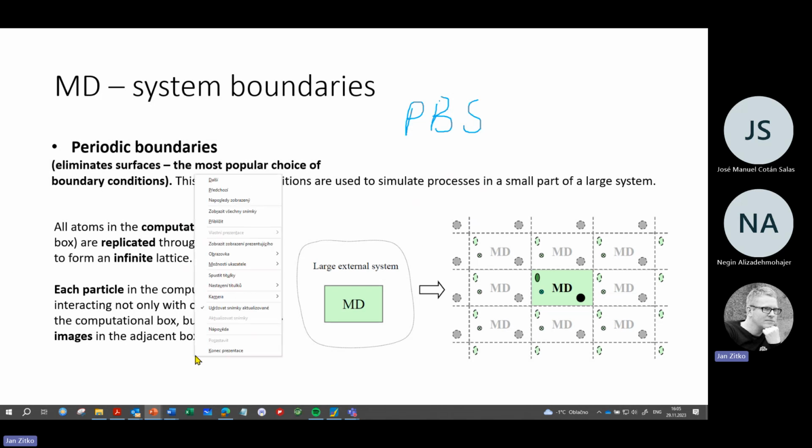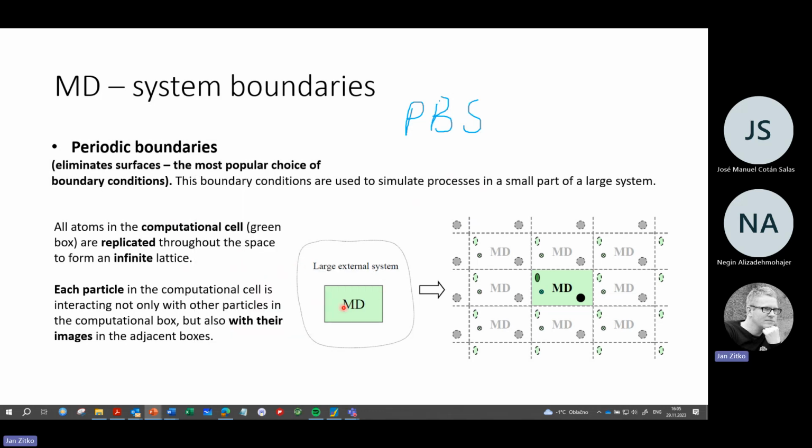The trick is that you have your basic unit. Imagine this is your basic unit in which you have everything you are interested in. In our example, it will be the ligand in a protein, ions, molecules of solvent, everything.